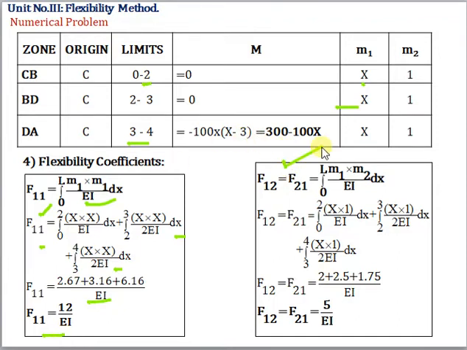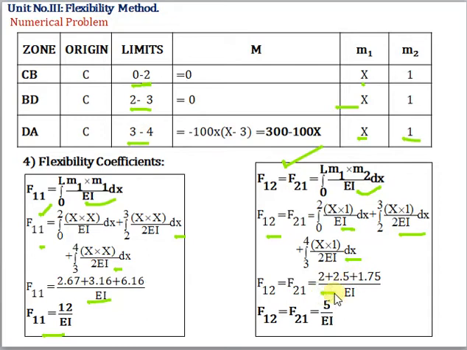Now the second flexibility coefficient, F12 equal to F21, is the integral of M1 into M2 divided by EI into dx, again integrating from 0 to L. For the first zone, limit 0 to 2, x into 1 divided by EI into dx, plus second zone, limit 2 to 3, x into 1 divided by 2EI into dx, plus the last zone, integration of x into 1 divided by 2EI into dx, with limit 3 to 4.